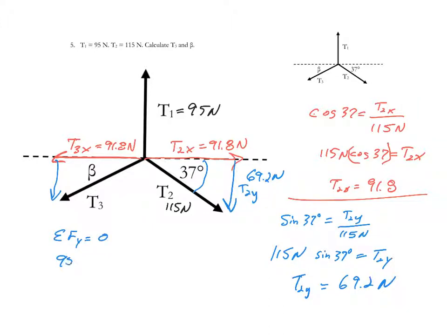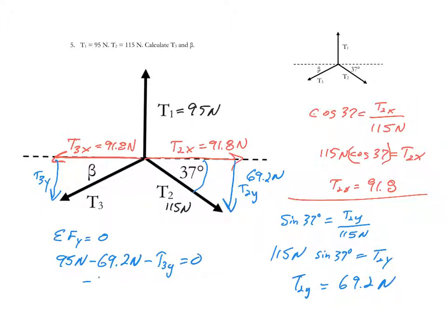I have 95 newtons up. I have minus T2y, which is 69.2 newtons. And I also have a, whoops, I never identified this as T3y, minus T3y, this equals 0.